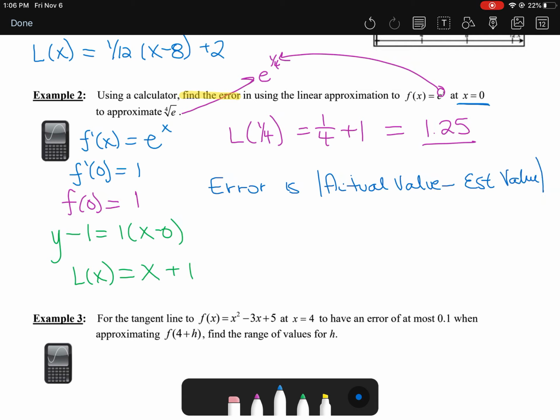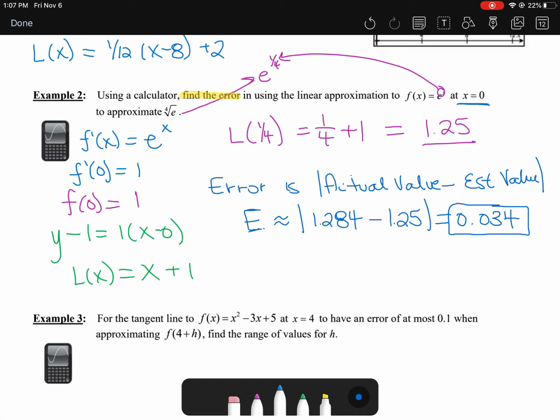So our error is approximately, so our actual value, if I take the fourth root of e in my calculator, I get 1.284, and I'm going to subtract my estimated value, 1.25, and I get 0.034 as an error.